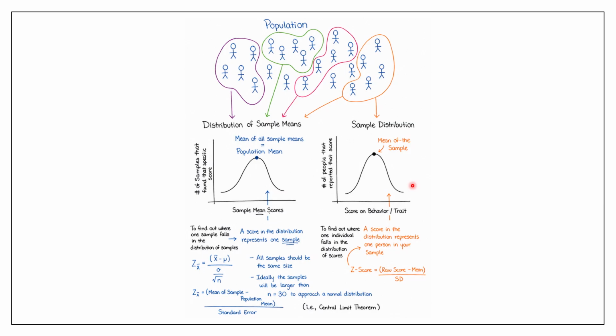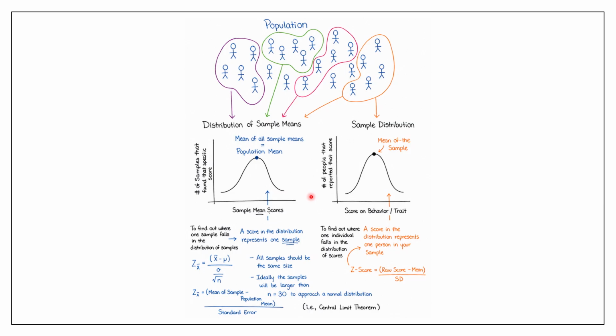Now we're going to start working with the distribution of sample means. So again, we're still going to read a lot of this information in a very similar way because the format still kind of stays true to what it is.